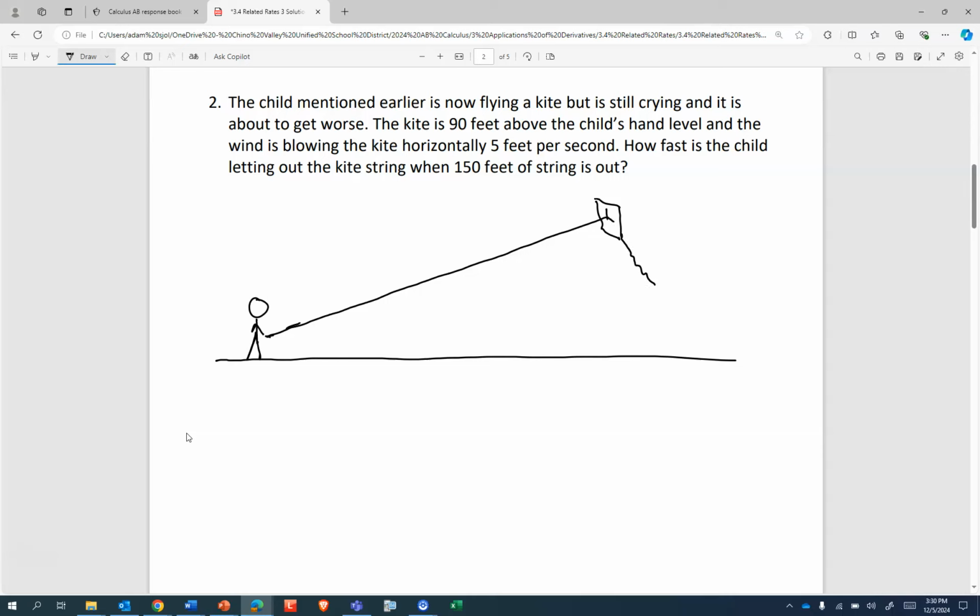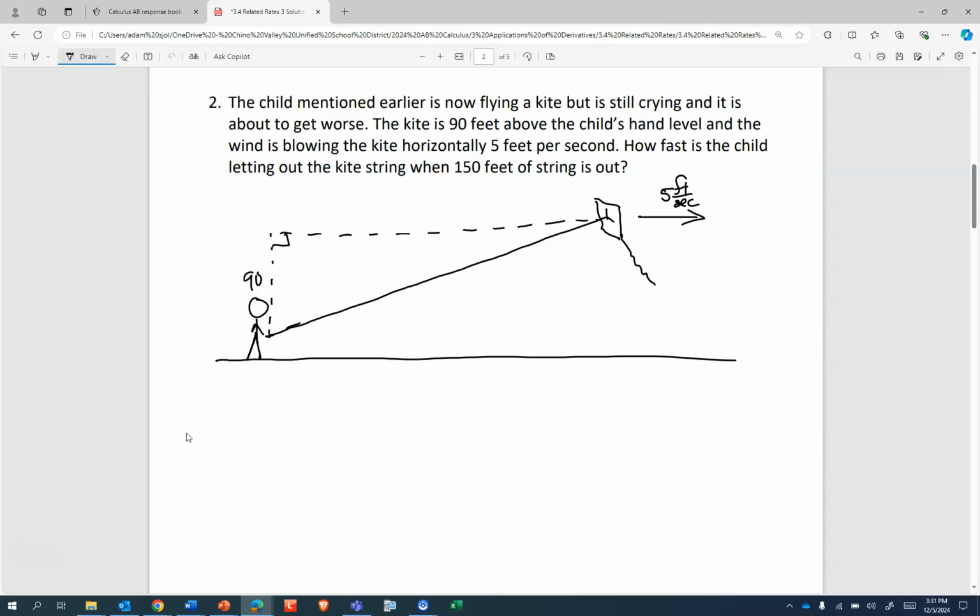The kite is 90 feet above the child's hand. Oh, this doesn't make that much sense. Let's go slowly. The kite is 90 feet above the child's hand level, and the wind is blowing the kite horizontally 5 feet per second. Okay, so the kite is moving 5 feet per second horizontally, which means the 90 is the height of the kite above the child.